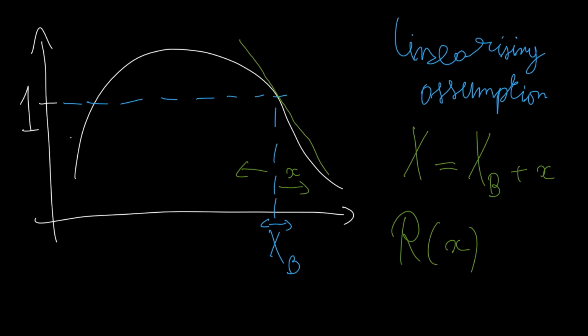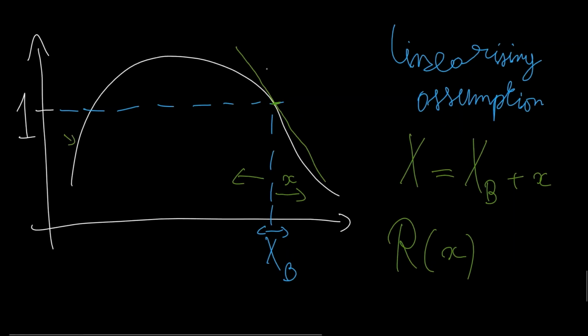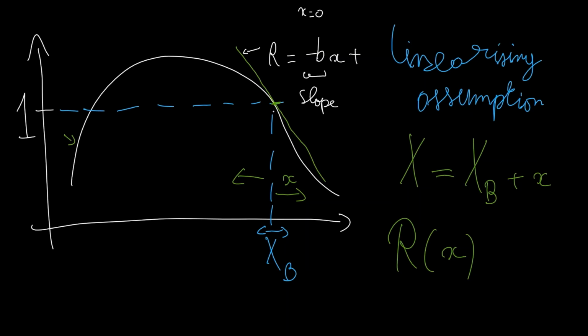We can now get the equation of this line, and that would be r equals minus bx, where minus b is the slope of the line, plus, well, at the point x equals 0, we know from the graph that r equals 1, so that would give us that the y-intercept is 1. So this is the equation of the line.